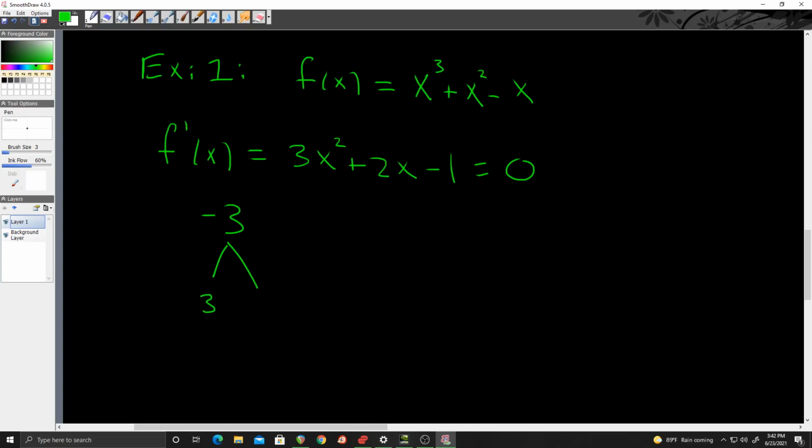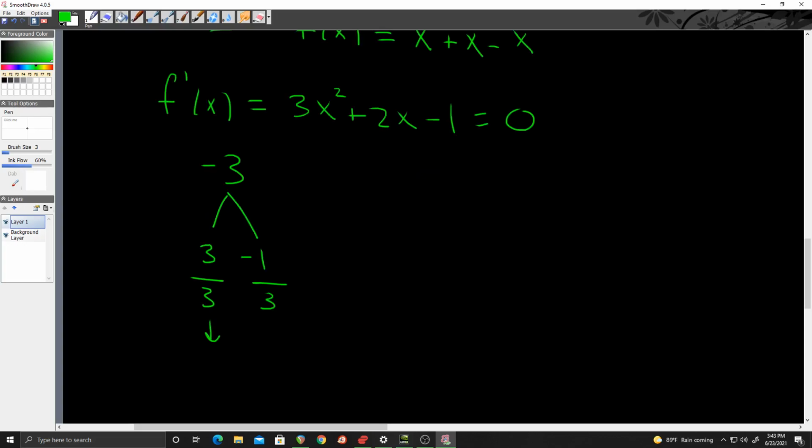That's going to be plus 3 and minus 1. Okay, now we multiplied by the 3 in the beginning. We're going to divide by that bad boy, and we're going to reduce wherever we can. This reduces to 1 over 1. This reduces to negative 1/3.